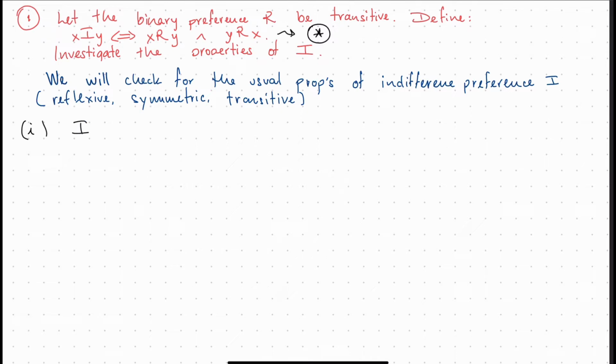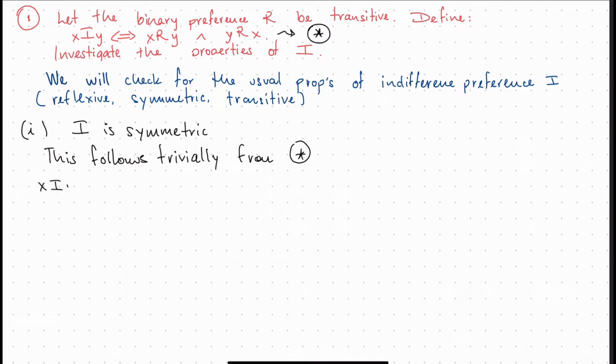First claim: I is symmetric. It's actually the easiest one to check. This follows trivially from star, or the definition we have of I. So we have x I y if and only if x R y and y R x.